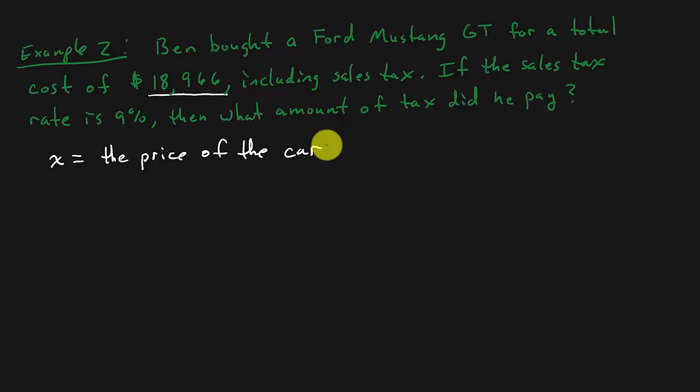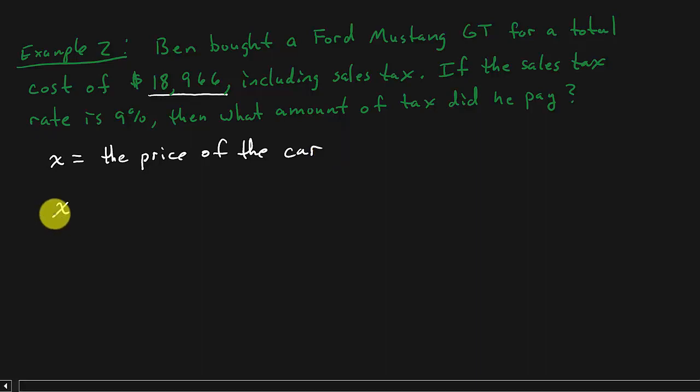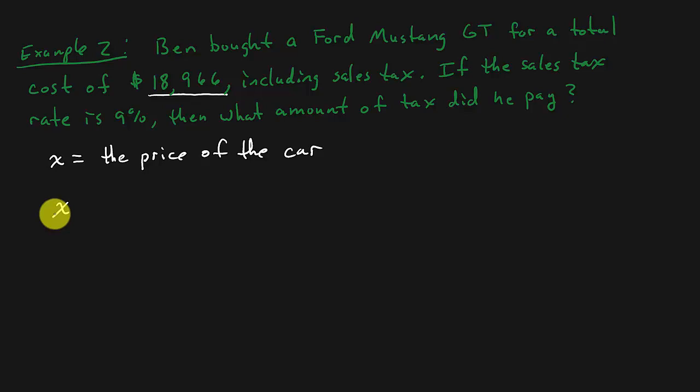Now, how do we do this? Well, whenever you buy something, you've got the price of the car. And then we're going to add on the sales tax. Well, how do you find the sales tax?